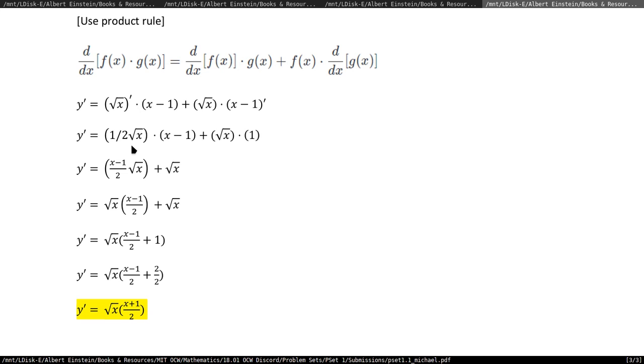Because if you take the derivative of square root of x, then the 1 half will come out, but the power should be x to the negative 1 half. Oh, okay, got it. The 2 should come in the denominator, but it seems I have not done that while differentiating, right?